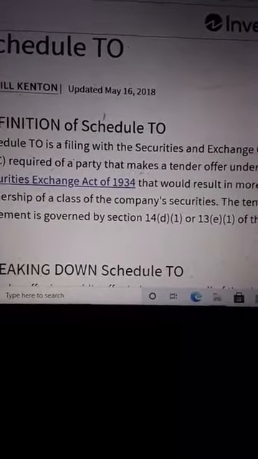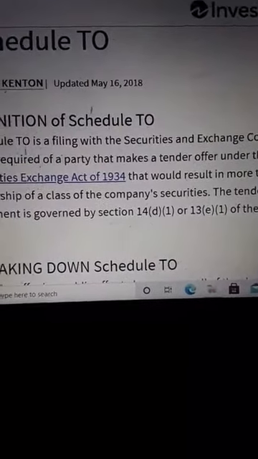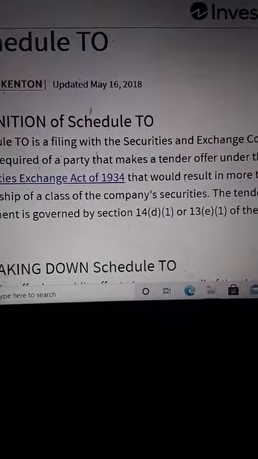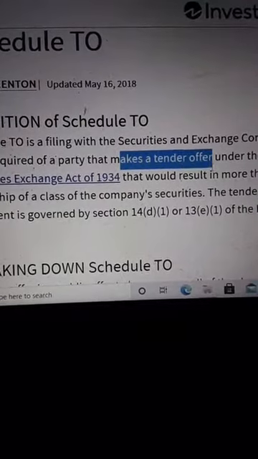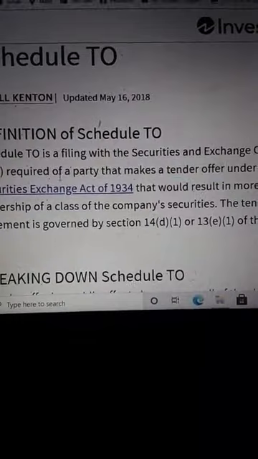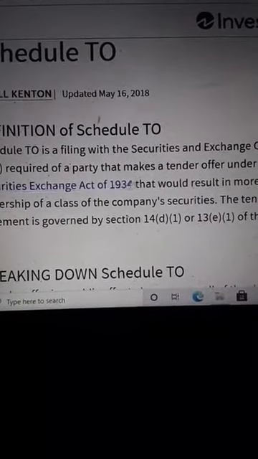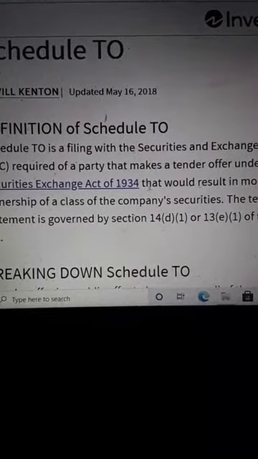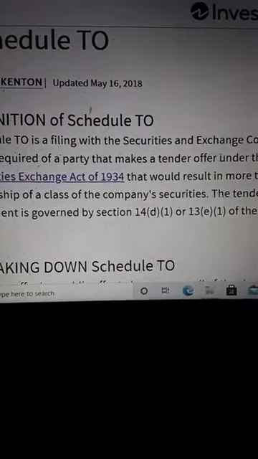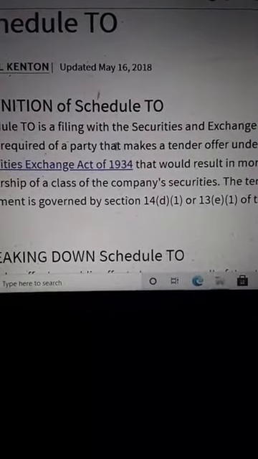Required of a party that makes a tender offer. They make the tender offer, and it's required of them if they get information. And if they tender the offer and the offer is rejected and they don't get the information, how can anybody be required to do anything?